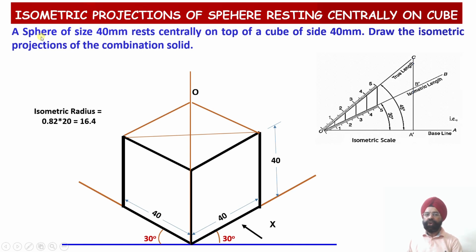Otherwise, whenever we draw a circle or a cylinder in isometric projection, it will start behaving like an ellipse. We have drawn a square over here and it behaves like a rhombus over there. So this distortion does not apply to the sphere.